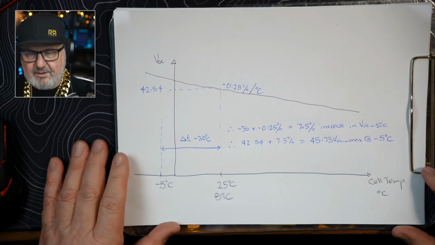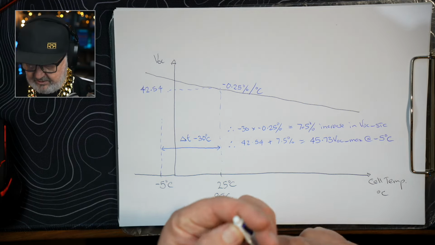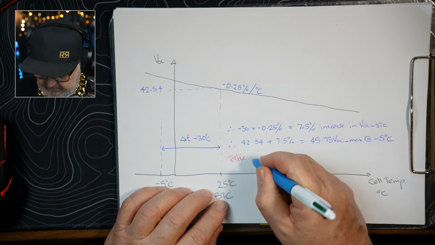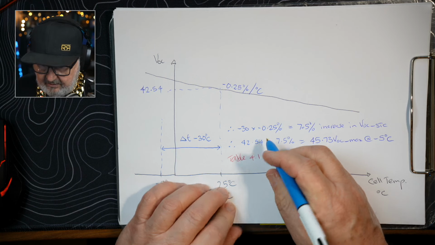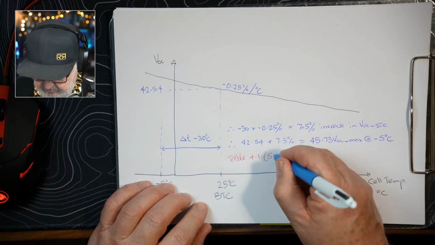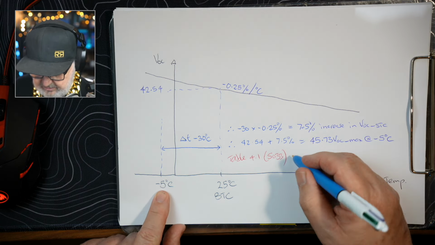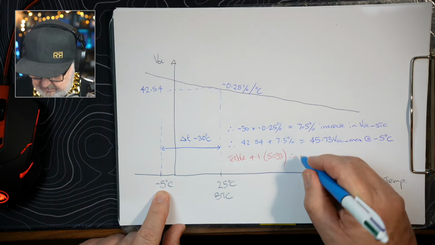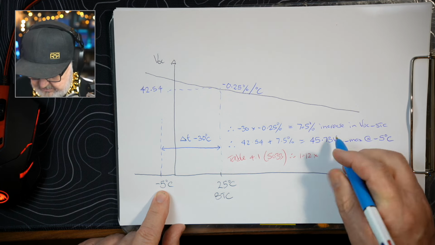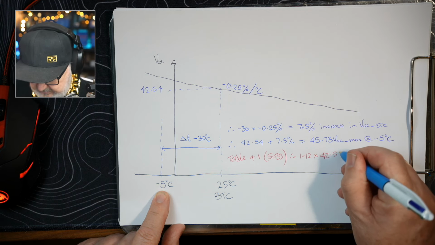Now, if I was to use table 4.1 from 5033, and I'll do this in red just to show you. Table 4.1 from 5033 will suggest that for that temperature, it would have a multiplier of 1.12 times 42.54.